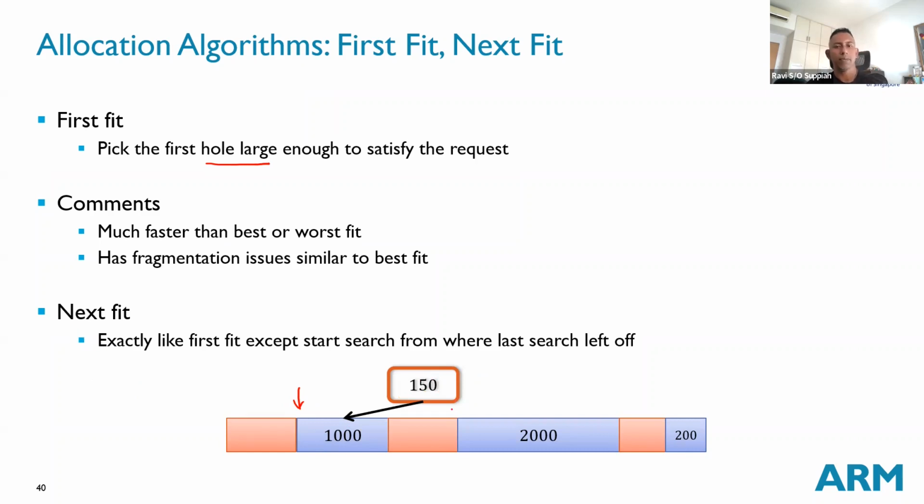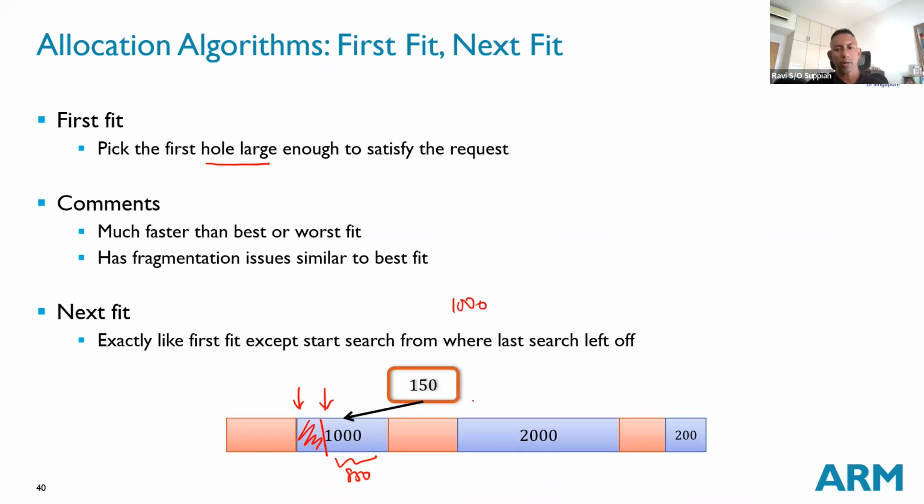In this example, if I allocate 150 here, I have already used 150, so left over here is 850. The beginning is still here. Now let's say I request 1000.